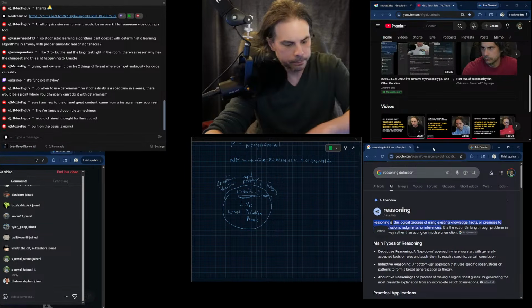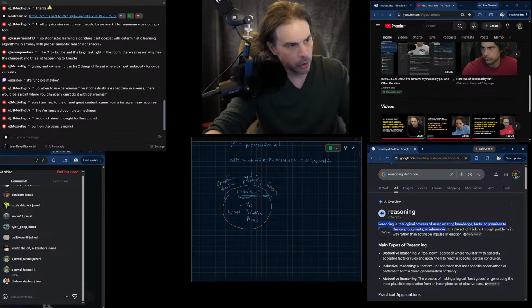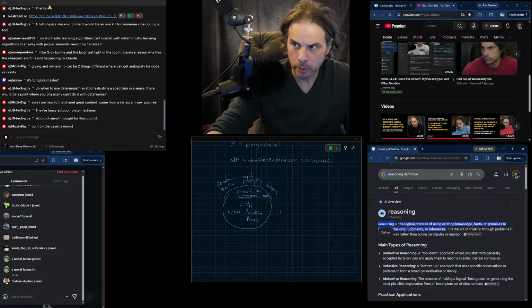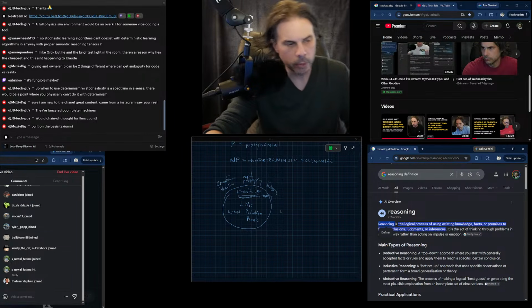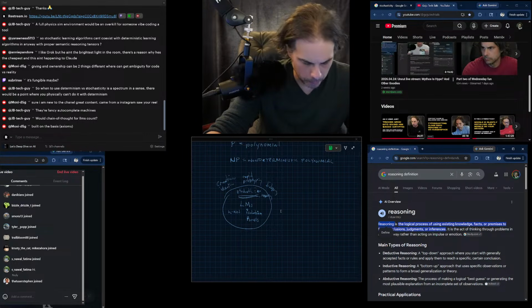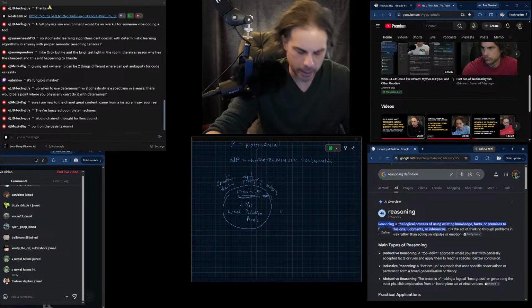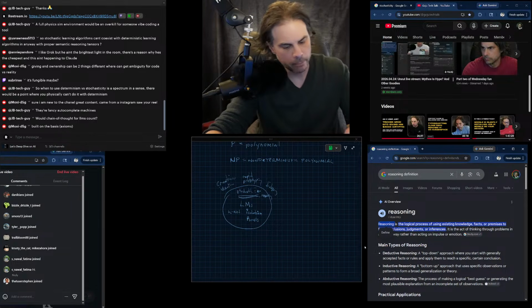Going back to this, this is stochastic and it has no reasoning. This is really important, the no reasoning part. And then over here, you have things that can reason. If it can reason, it means it must be able to do logic. It has to, otherwise it's not a reasoning system based on what we just saw.